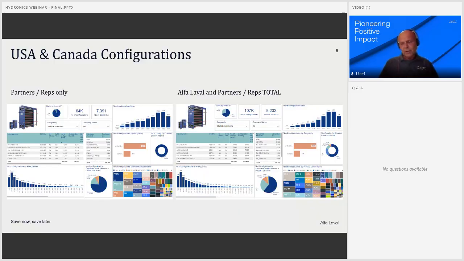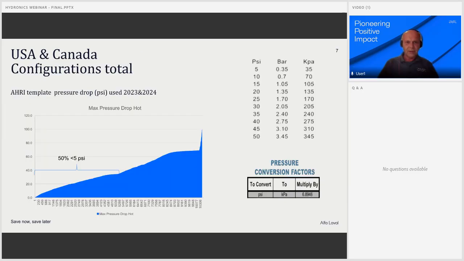To get the data analyzed, we used a design and calculation program used by Alfa Laval as an organization, and of course, our network of partners as reps and distributors. We have seen a total volume of more than 100,000 calculations over the last 2 years.